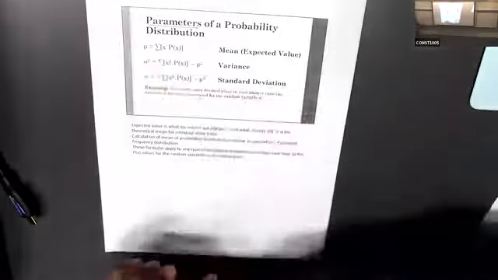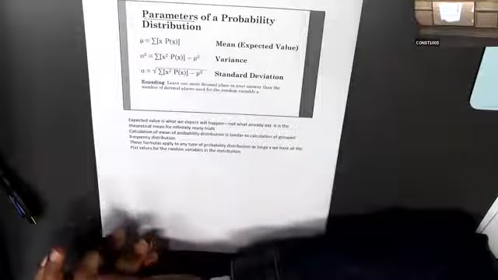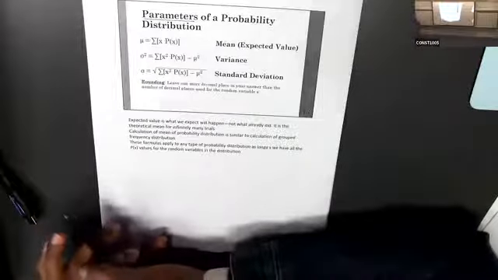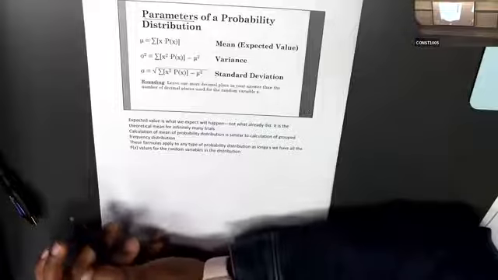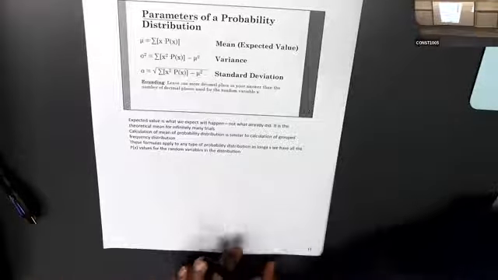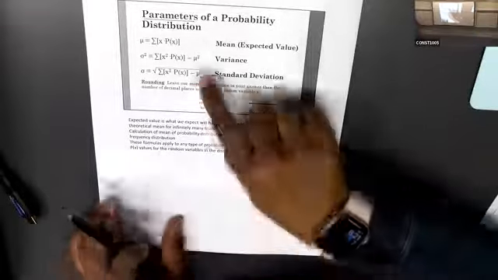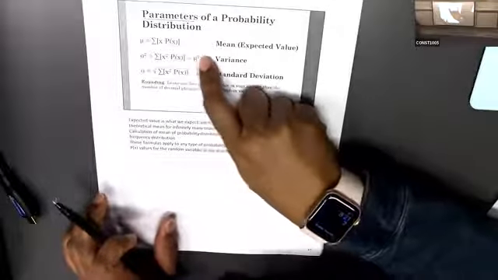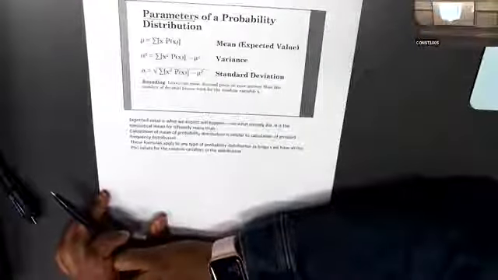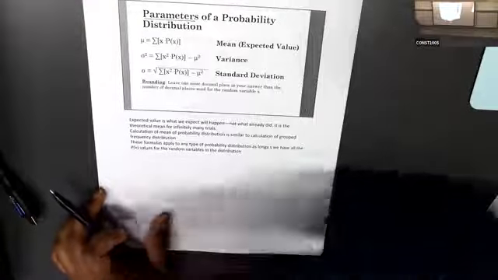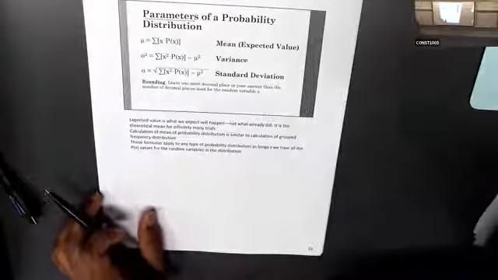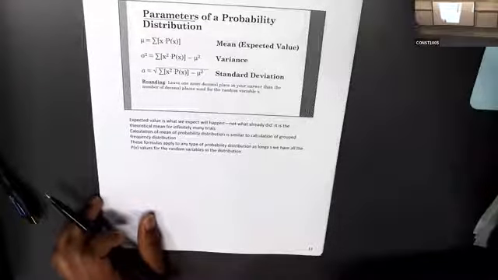So sometimes you can have only one question, find the variance, but you definitely have to find the mean, otherwise you cannot find the variance. If you know the variance, then you can find the standard deviation. I told you there is a relationship between standard deviation and variance.